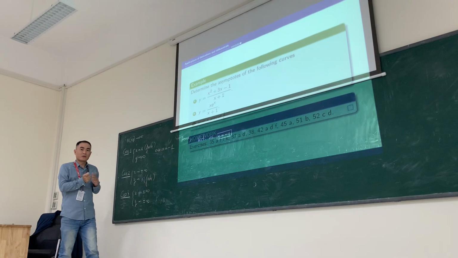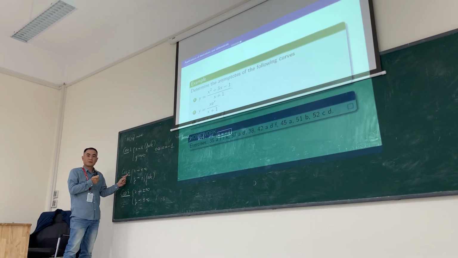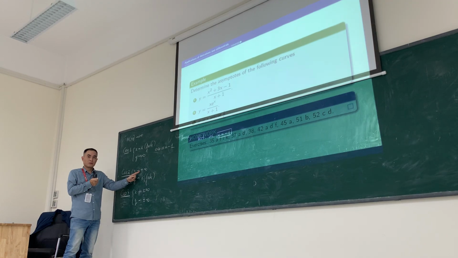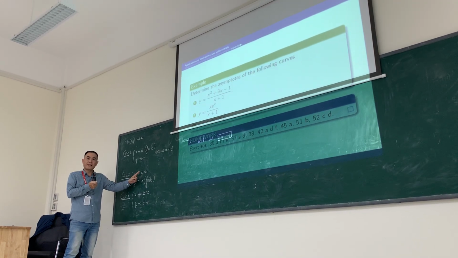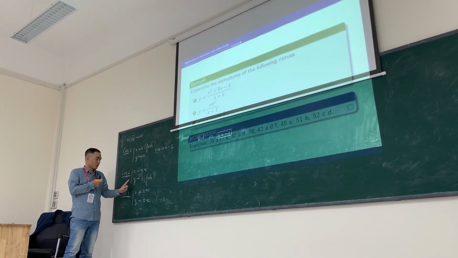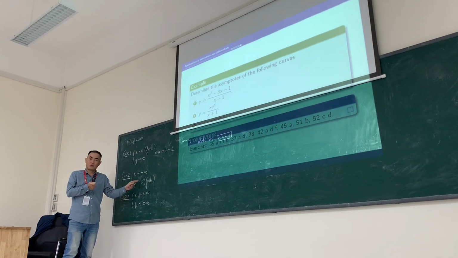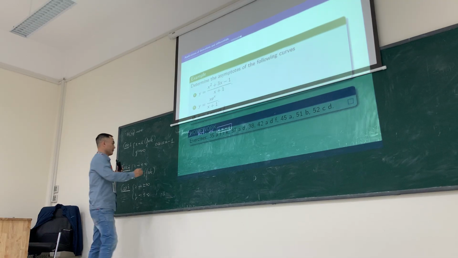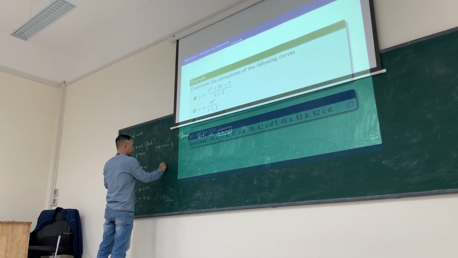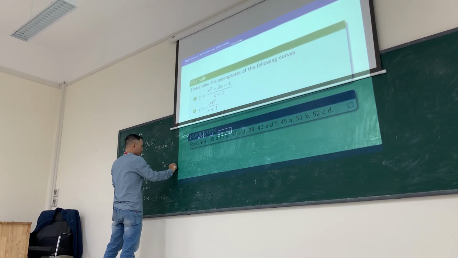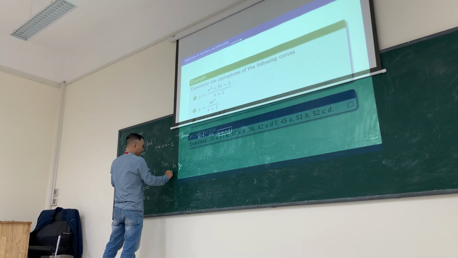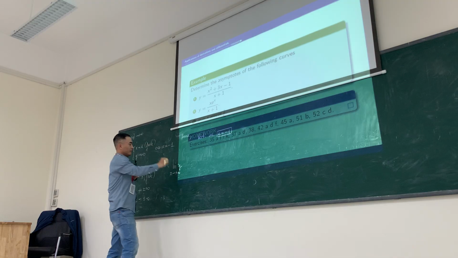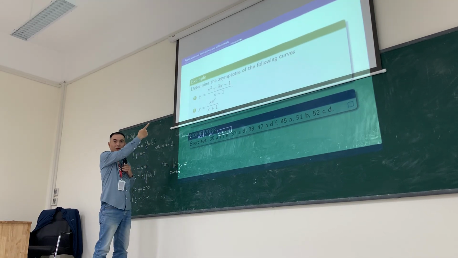Now, continue. Corresponding to K2, x tends to positive and negative infinity, y tends to B. What is B? Now, let's see the limit of y as x tends to positive and negative infinity.